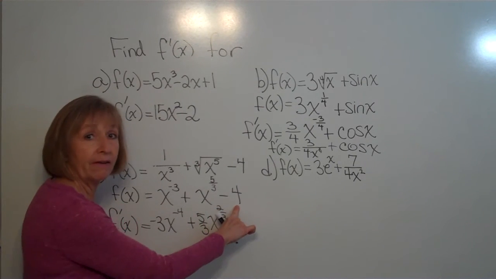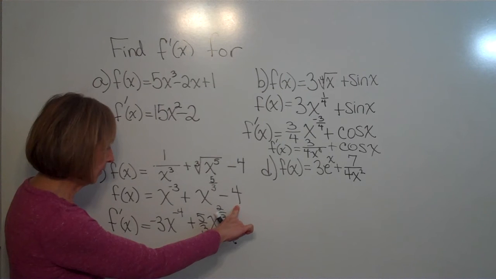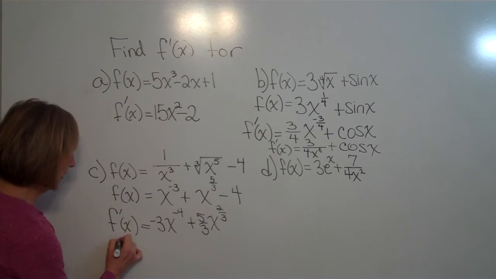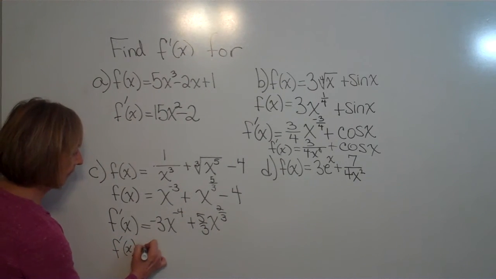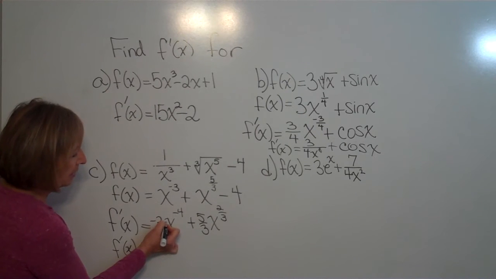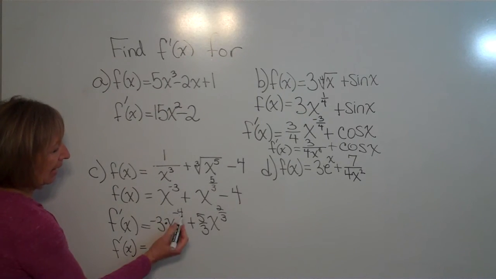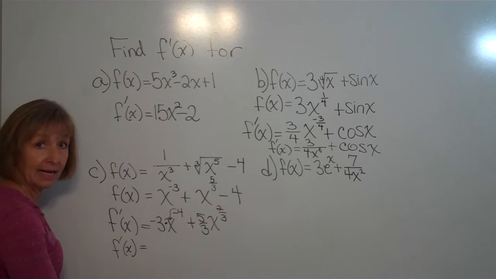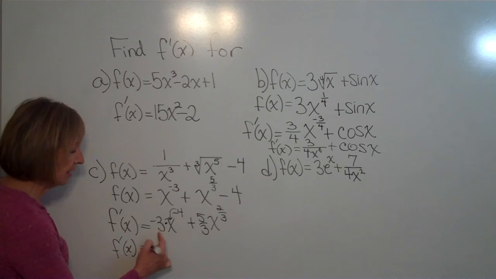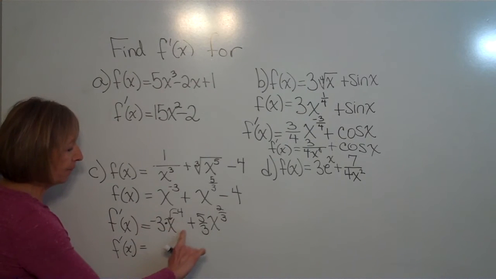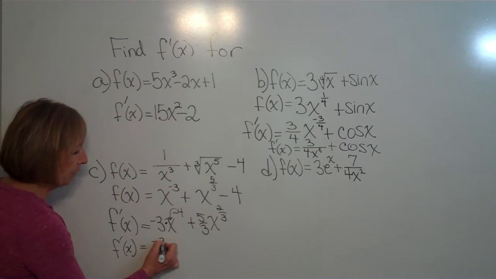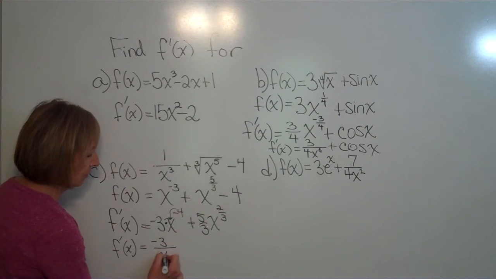And then the derivative of a constant term is 0. So our derivative f prime of x is, remember, this is multiplied, and so the exponent of negative 4 only reaches the x unless it has help from parentheses. So this first term written without a negative exponent will be negative 3 over x to the 4th.